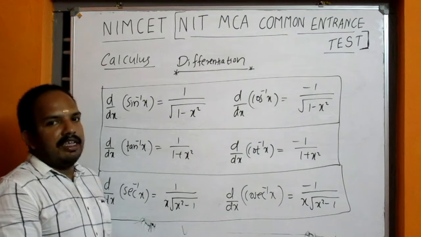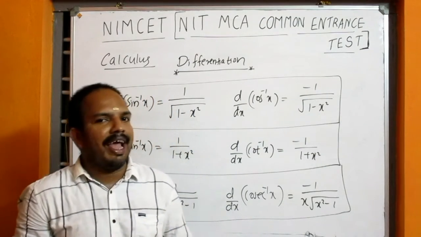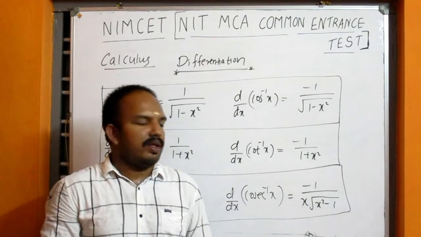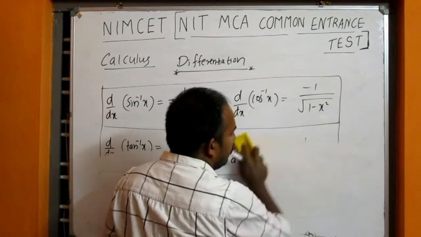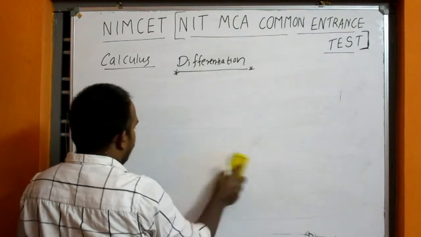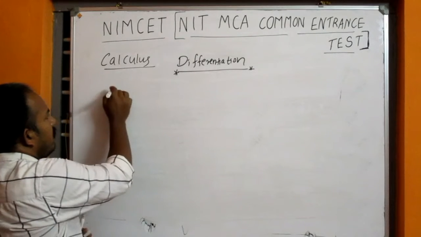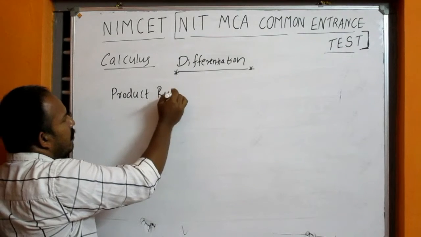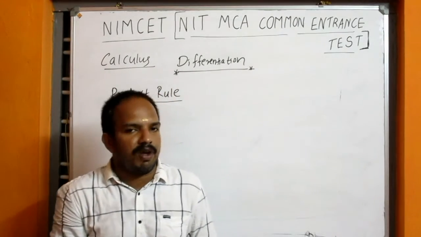So I will just teach two more topics, the product rule and the quotient rule. After that, we are doing some basic problems. Differentiation, product rule. Product rule means the question is in the form of a product of two functions.